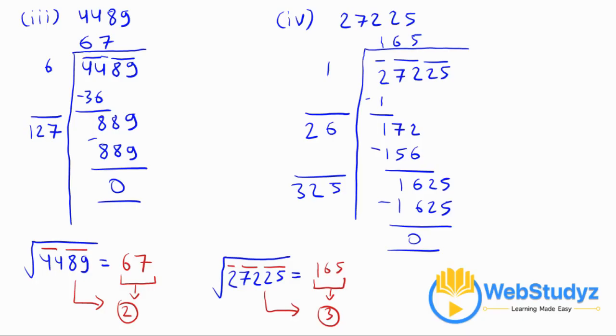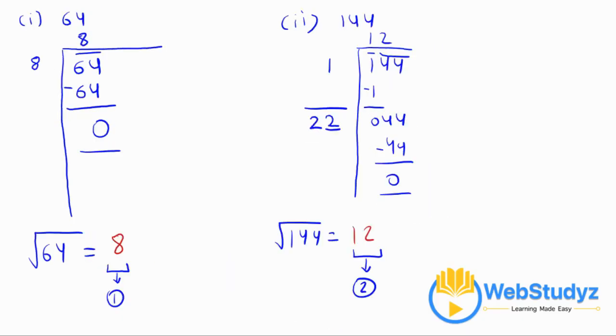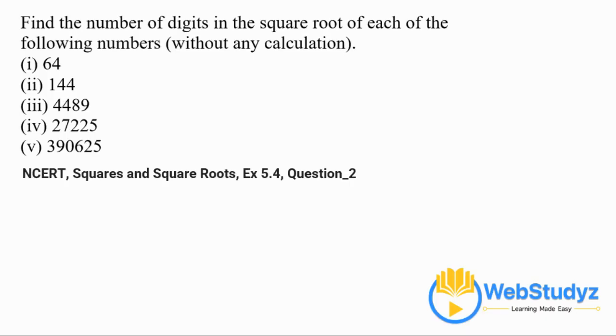Here we have a 2-digit perfect square, and here we have only one pair, so we have a one-digit square root. So from this we have calculated the number of digits in the square root for each of the following without any calculation.